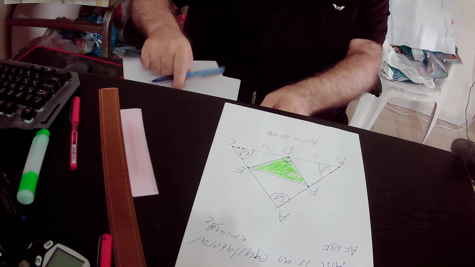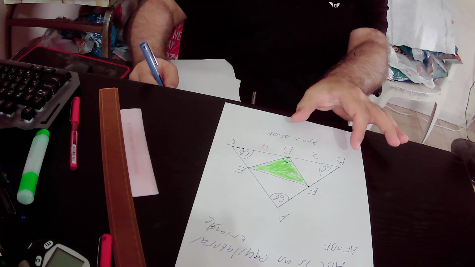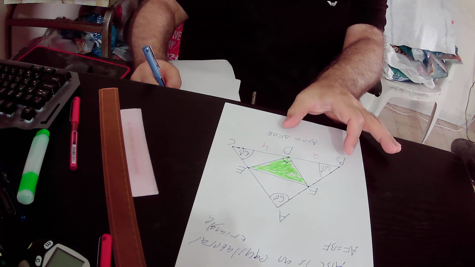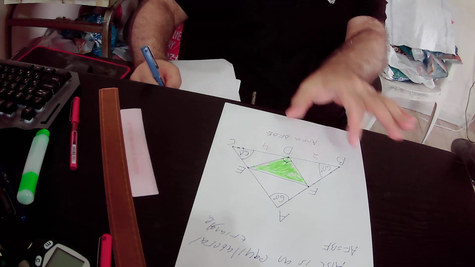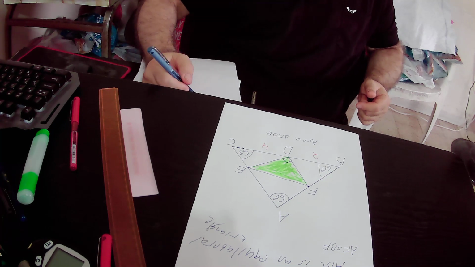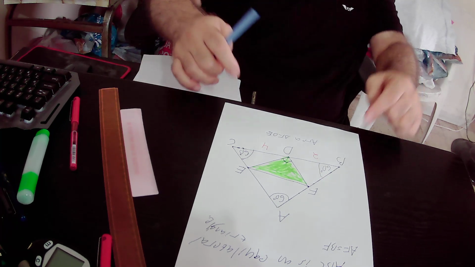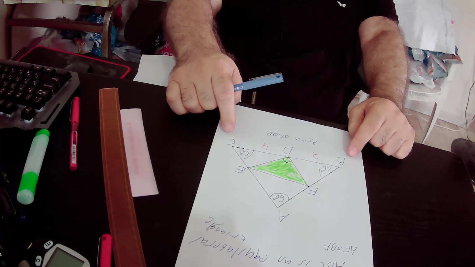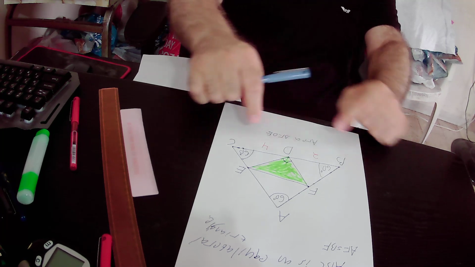But we know that BD equals 2 units and DC equals 4 units. So BC will be equal to BD plus DC.